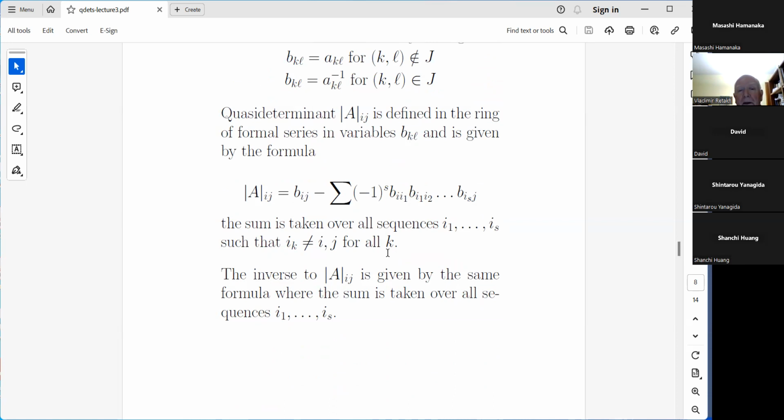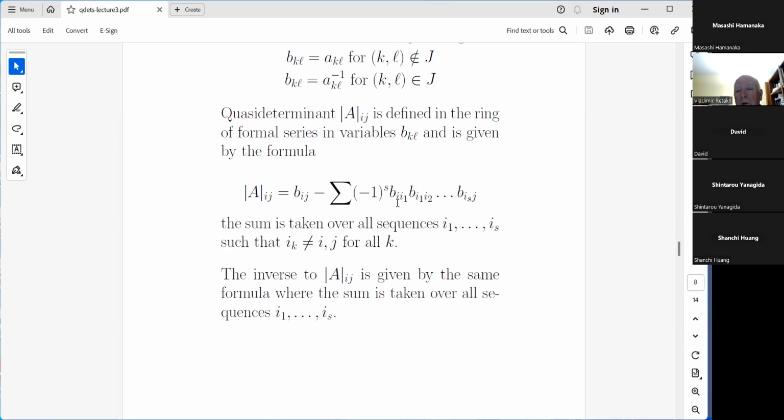Okay, then I will consider this formal series. Let me recall that these are free variables. So then I consider this formal series. But again, this monomial is composable.